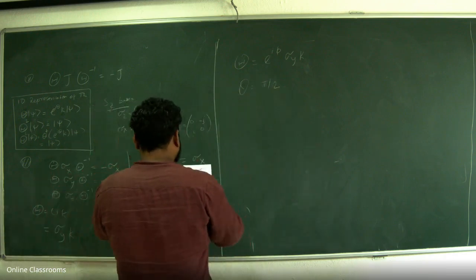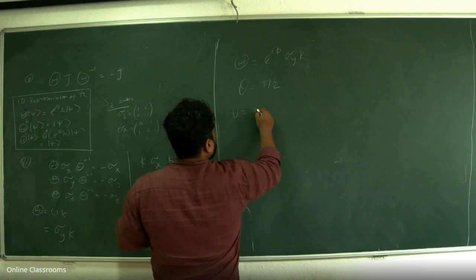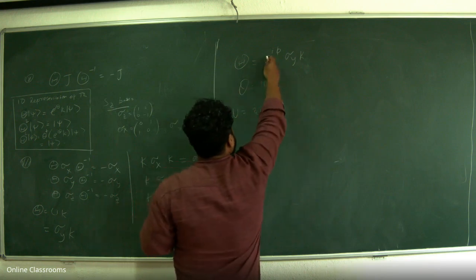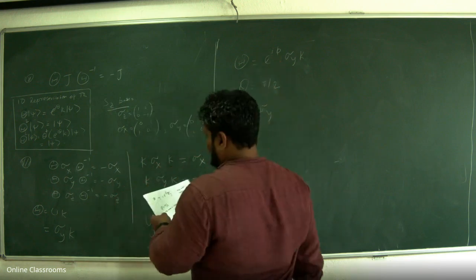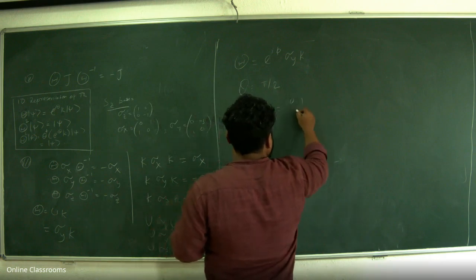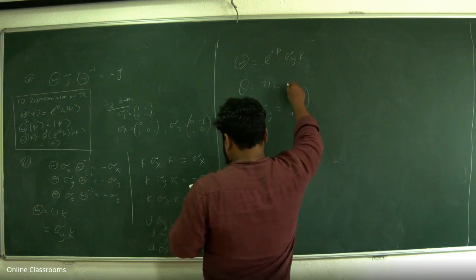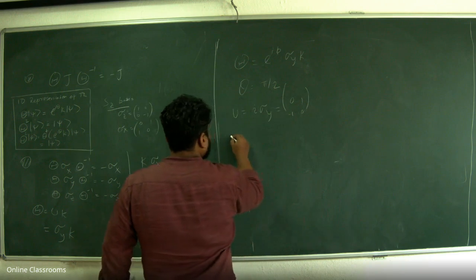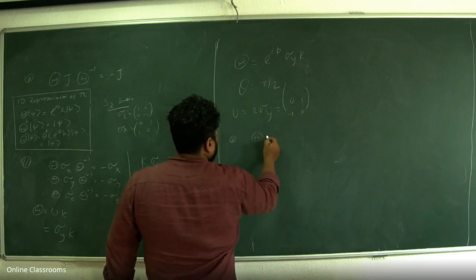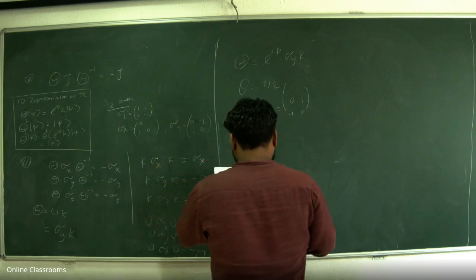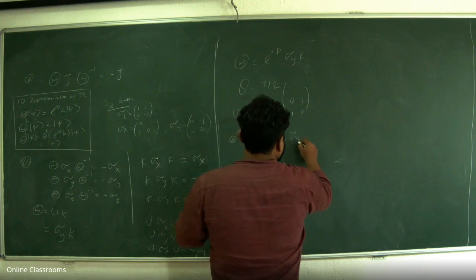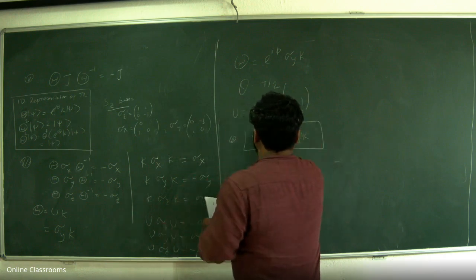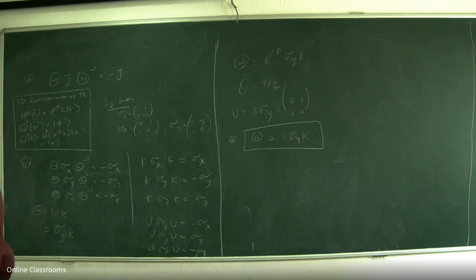So what you write is U is i sigma y, because if it is pi by 2, this is just i, and you get 0 1 minus 1 0. So normally your theta is i sigma y K. So this is the two-dimensional representation of the time reversal operator.